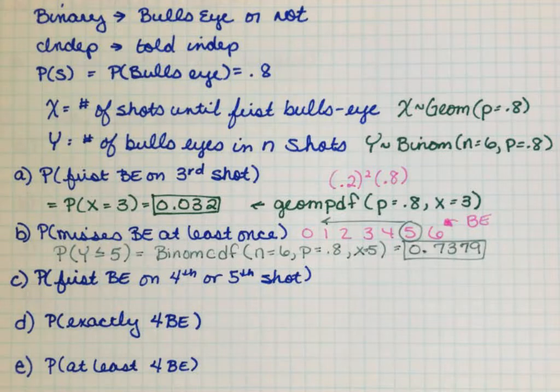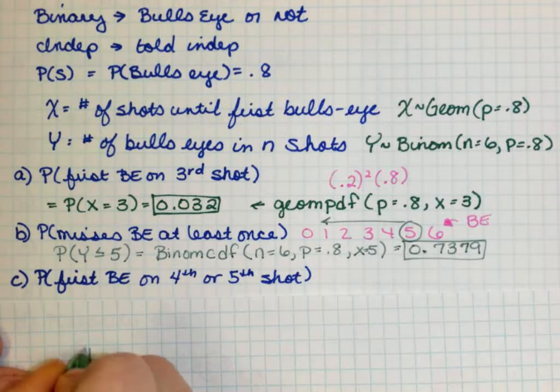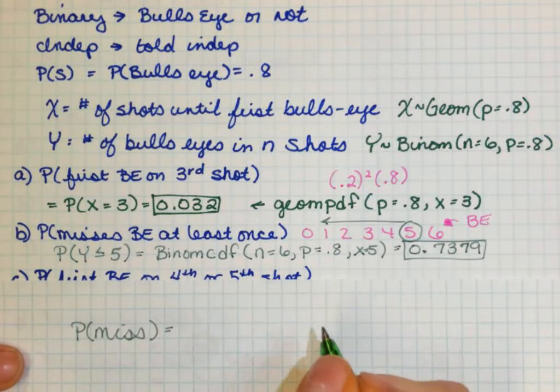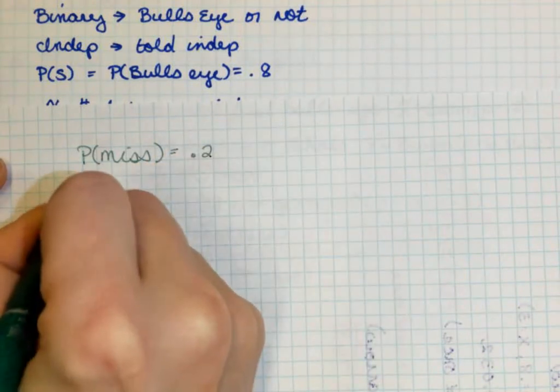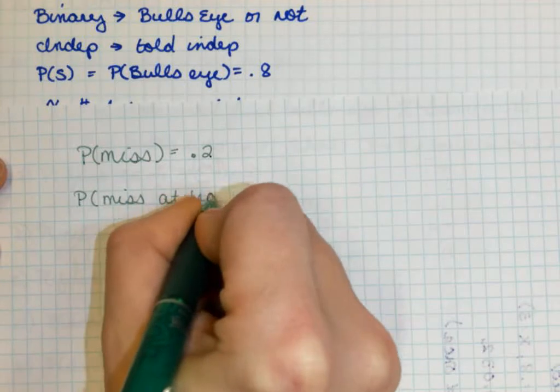I'm still confused. If you miss at least one. Okay? Let's flip around the context. Let's say the probability of a miss. What's the probability of a miss? 0.2. And we want the probability that you miss at least one.